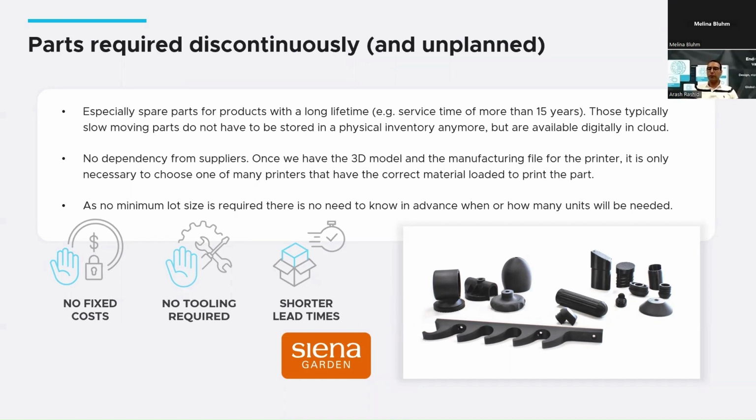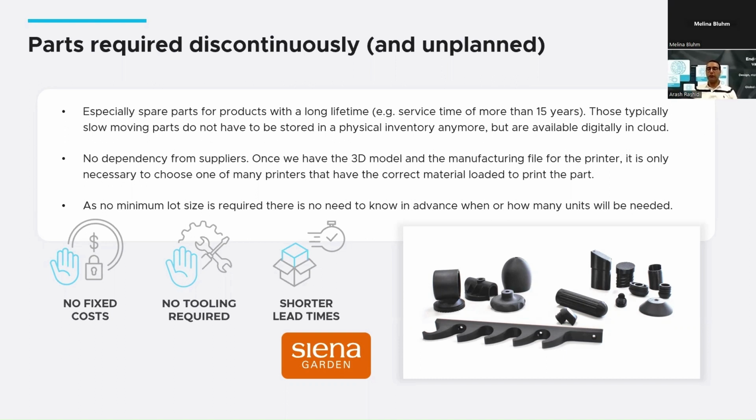So the spare parts for outdoor furniture are then printed and available anytime for the customer. So here you can see, for example, some holders of the chairs for garden chairs.